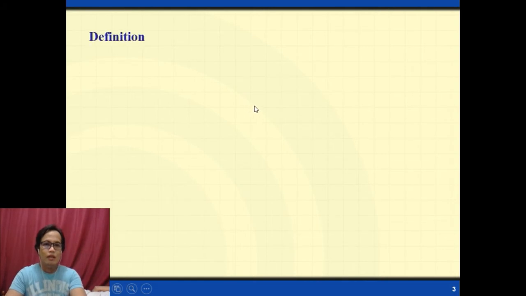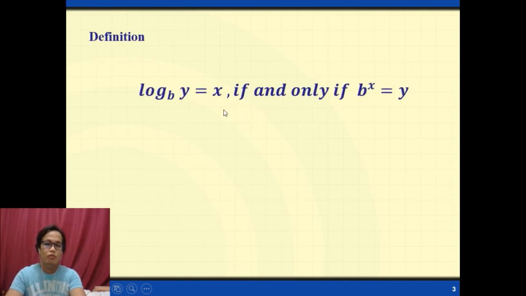So, here is the definition. This will be our basis for how to change logarithmic function or logarithmic equation to exponential equation and vice versa, exponential to logarithmic.